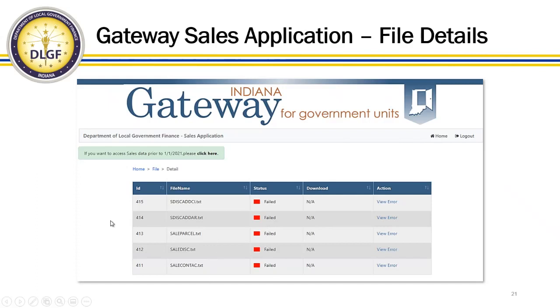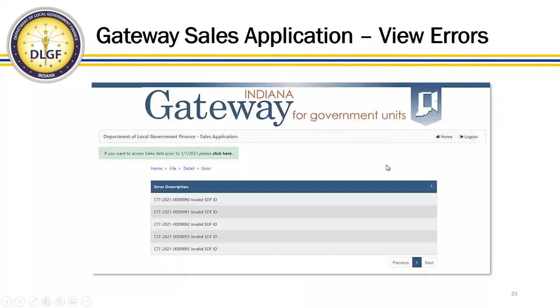So what you want to do from here on the file details screen is, for each file that has a red failed status, go over to the action column and click on the view error link. Once you do that, it's going to take you to the list of errors associated with that particular data file.